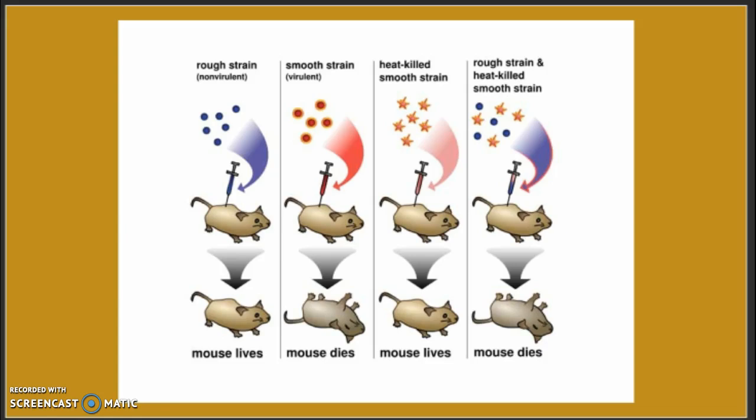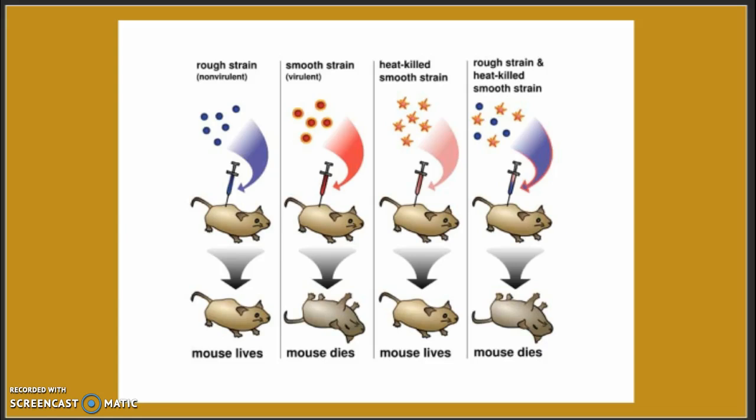It's kind of like when bacteria turn into couch potato bugs, but this is more of a situation where the bacteria is just dead. So when he heat fixed the smooth strain and injected it into another mouse, the mouse actually lived. But this makes sense because we know that when we heat fix things, we kill them. So that was an experiment that we already knew was basically going to happen.